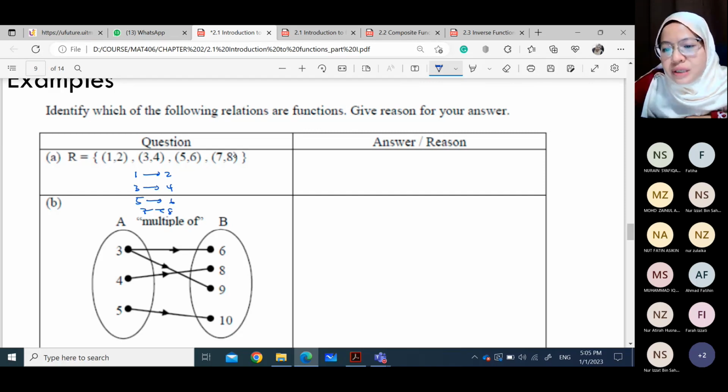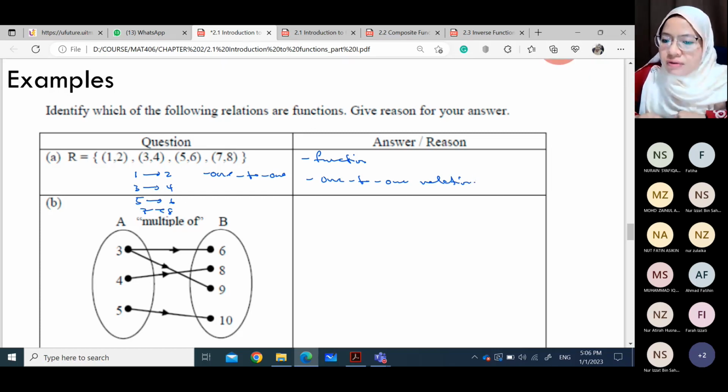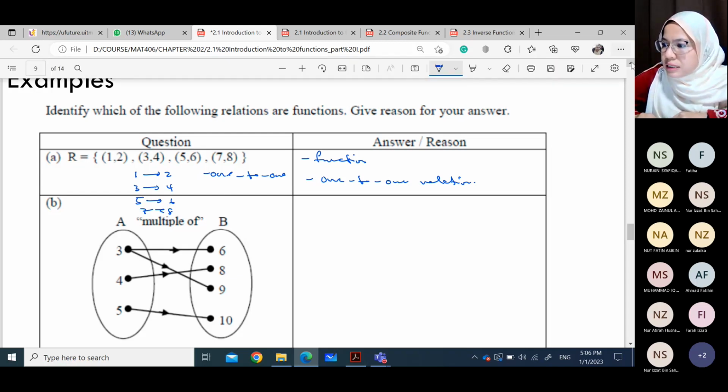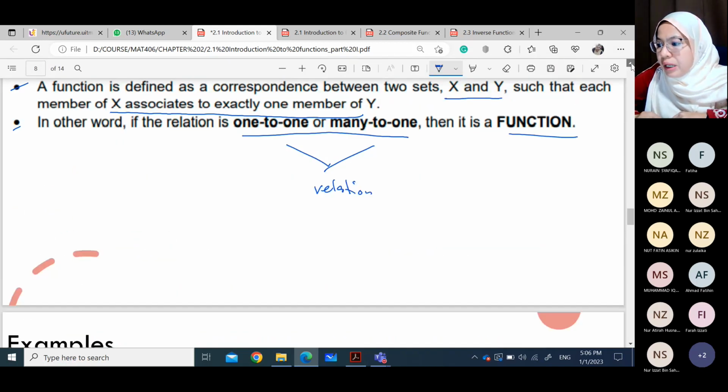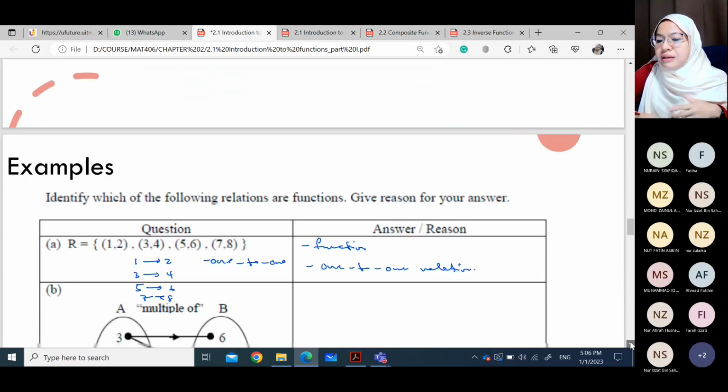Based on this relation, it is a 1-to-1 relation, so it is also a function. The reason is that it is a 1-to-1 relation. When it is a 1-to-1 relation, it is also a function. Another condition is that it must be many-to-1, so many objects are mapping to one image.